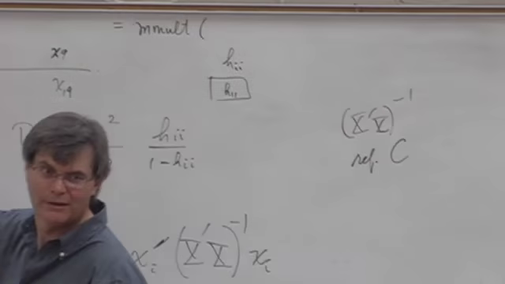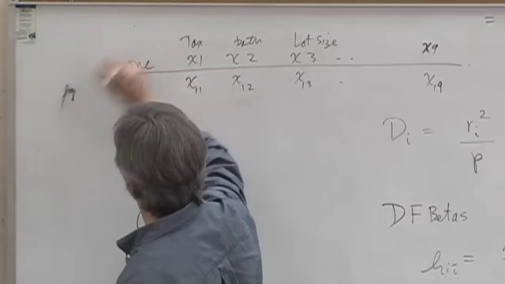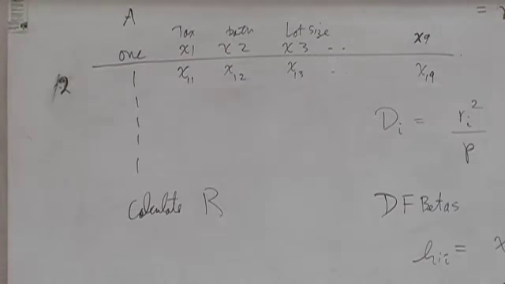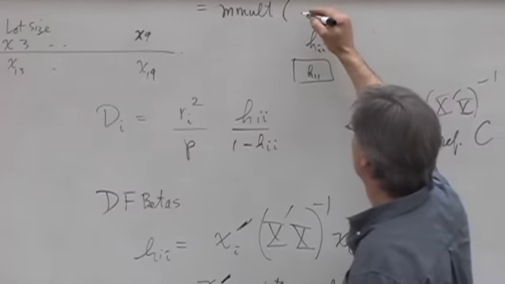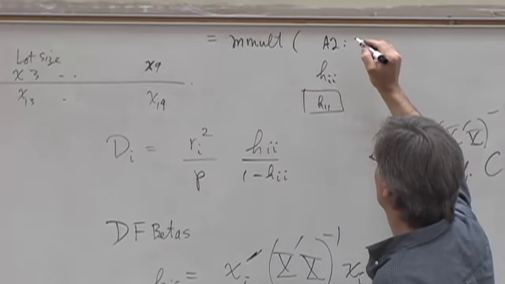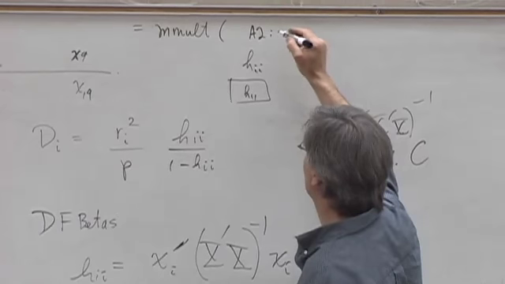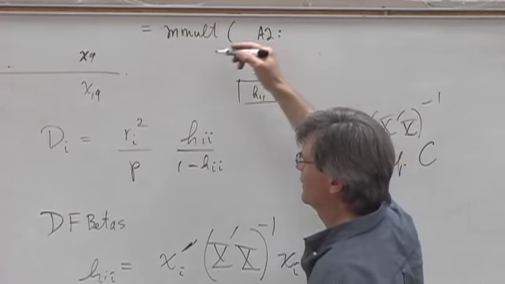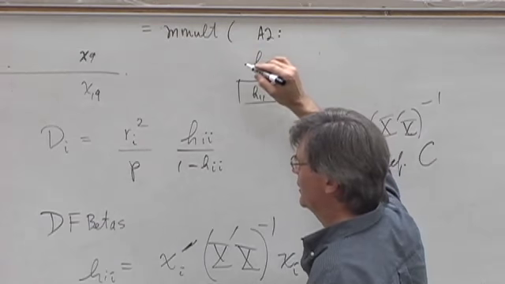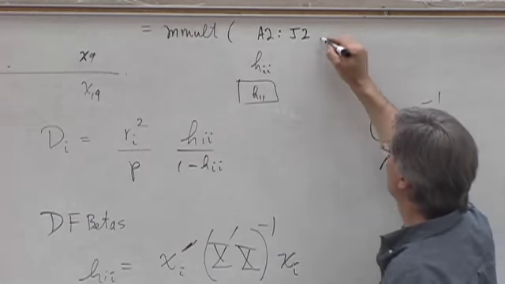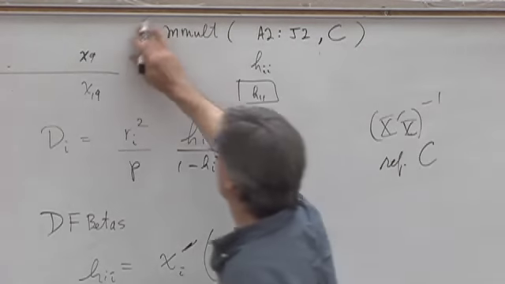If this was column A and this was row 2 in Excel, you would do A2 to J2, the 10th one, and then times C, and then do another matrix multiplication.